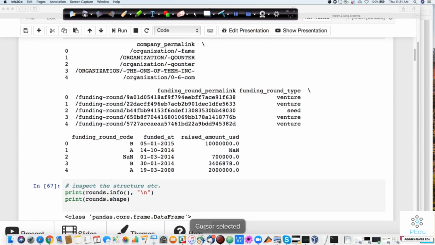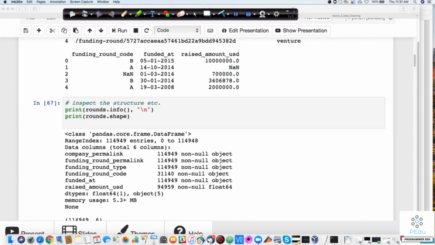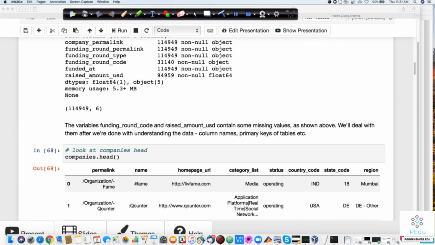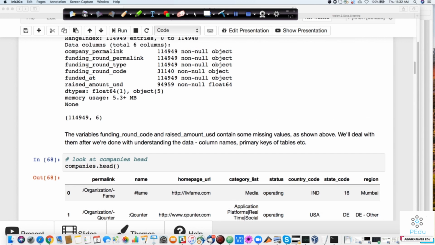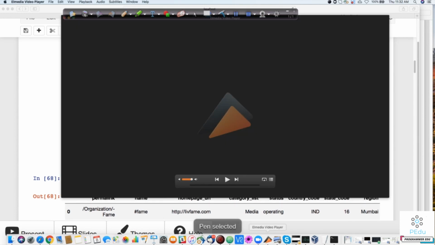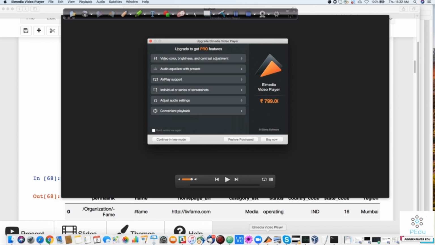Now, if you go ahead and run info on it, you can see that we have a lot of entries available, 114,949 entries in total. Let's look at a few more things. You will notice that funding-related columns also have some missing entries, which you can easily make out from info as well.